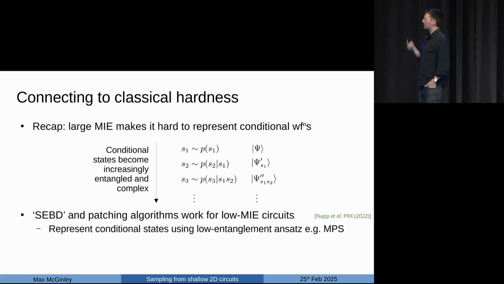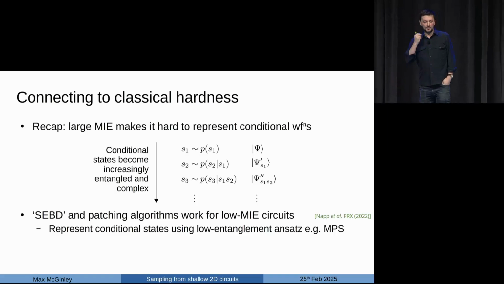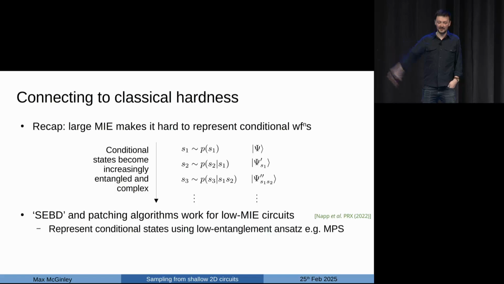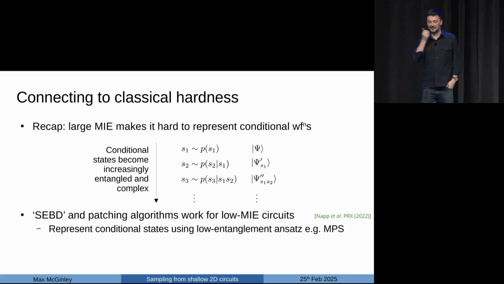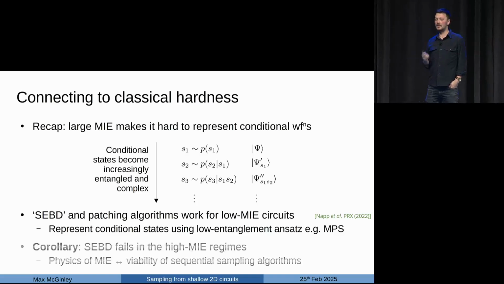Now, in this work here, which was one of the papers where this simulability transition was proposed, they introduced this very nice sideways evolving block decimation algorithm, which essentially uses a classical ansatz for these conditional states, an MPS ansatz, in order to keep track of this process and simulate it in polynomial time.